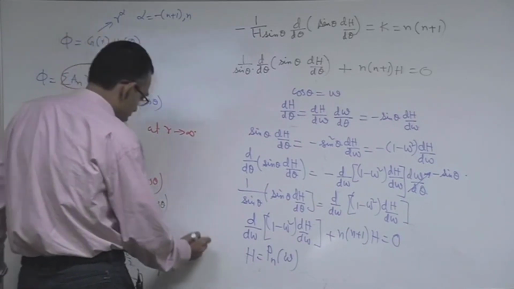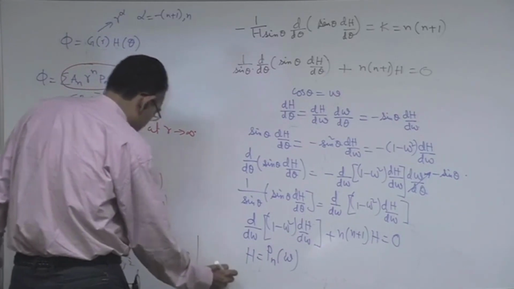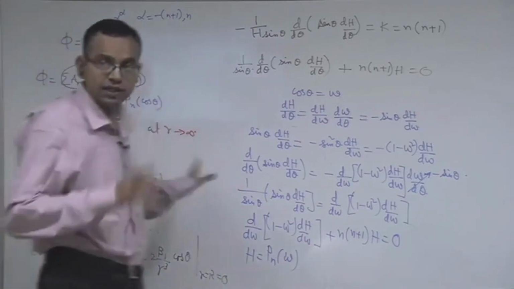This at small r is equal to capital R is equal to 0. Okay. So you can find out the coefficients. So from here it is straightforward.